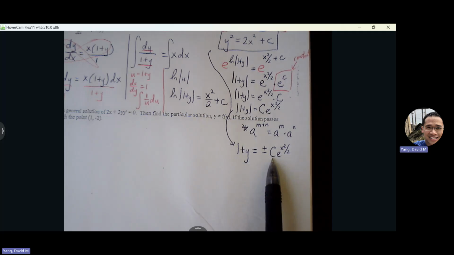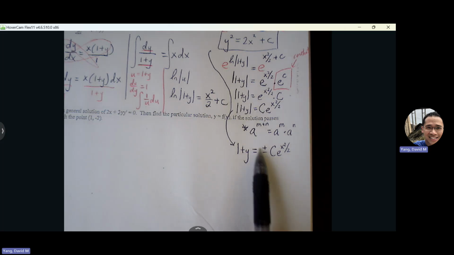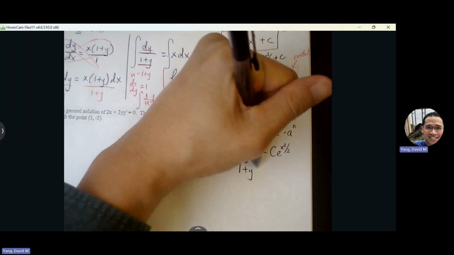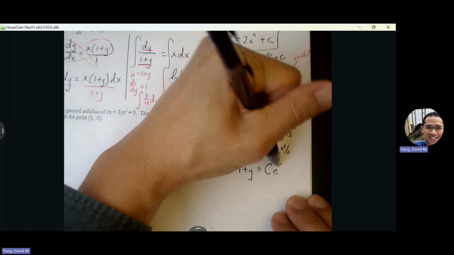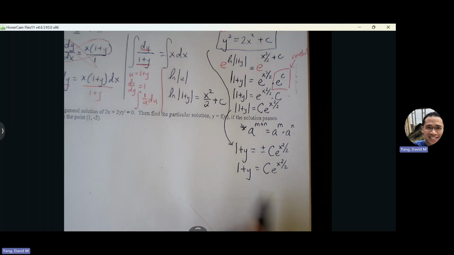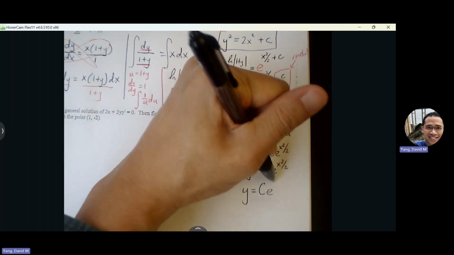Now, C is a constant, but the constant can be both positive and negative. So basically, the plus or minus can just get absorbed into the C. We don't have to show that plus or minus anymore because the C will just take on both positive and negative values. It's taken care of by the C. And we're almost there. We just subtract 1 over. Now we have y all by itself.